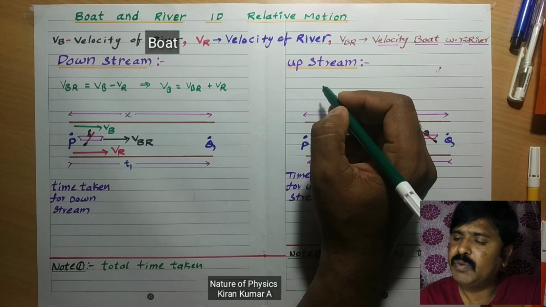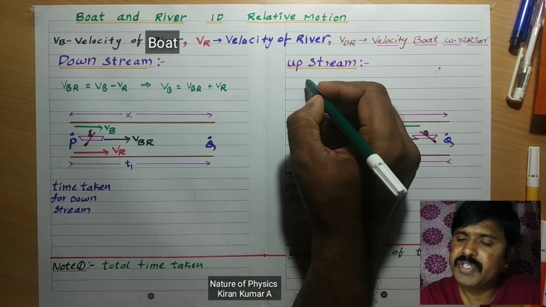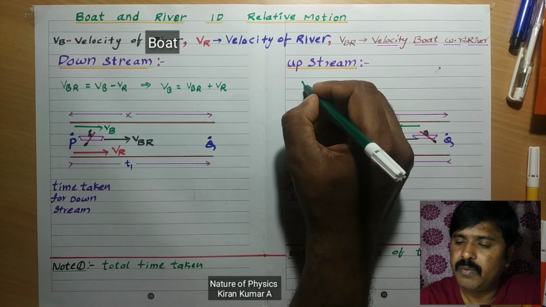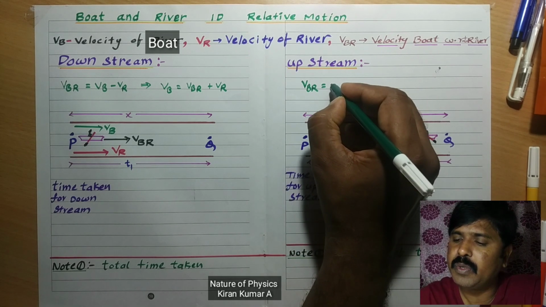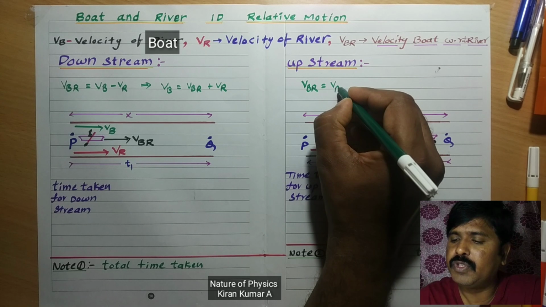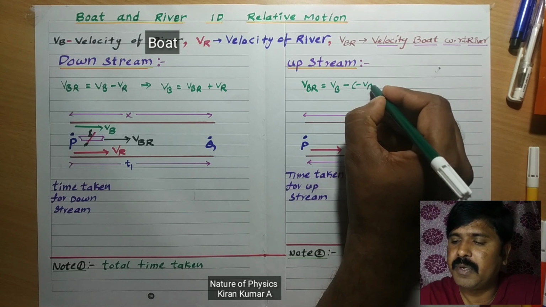Next, the second condition: the velocity of boat with respect to river is equal to velocity of boat minus velocity of river.